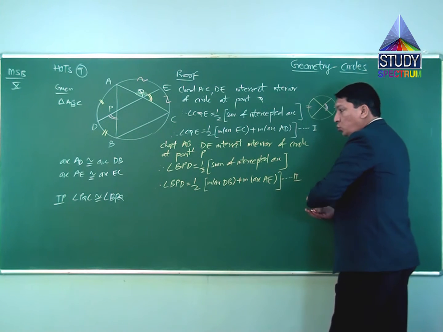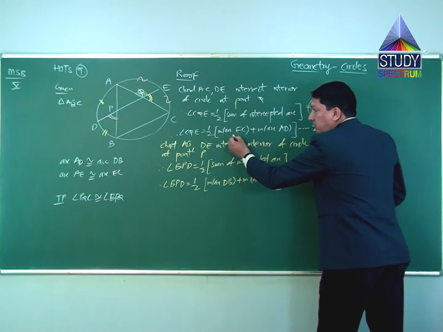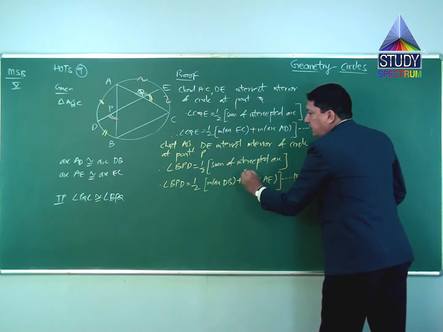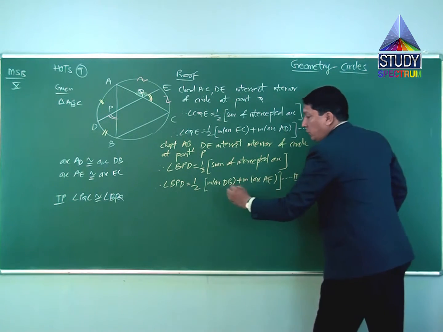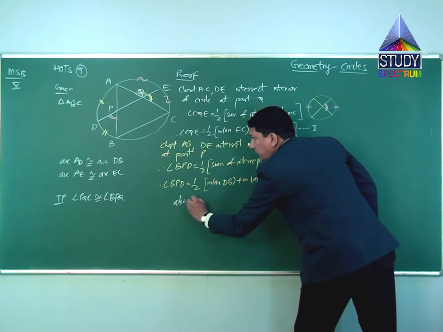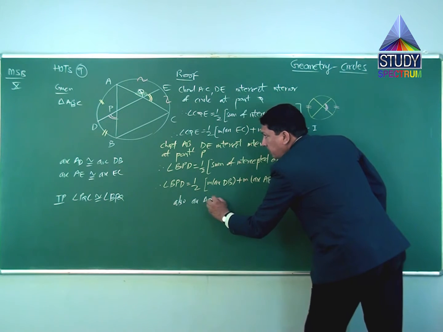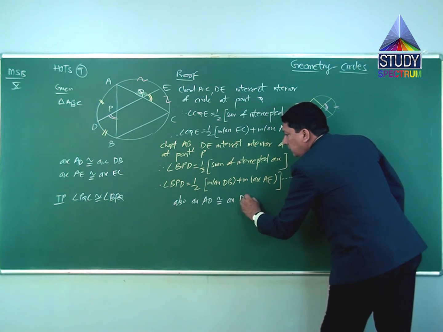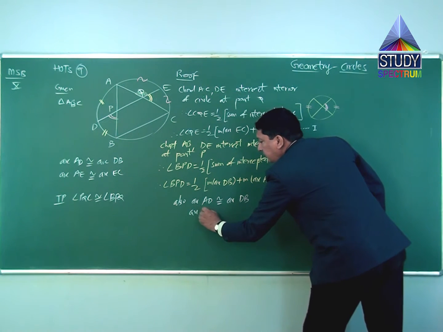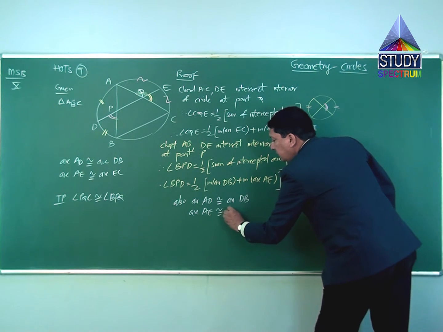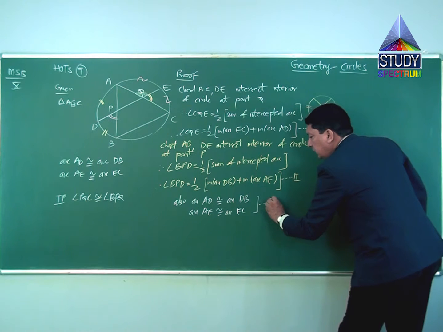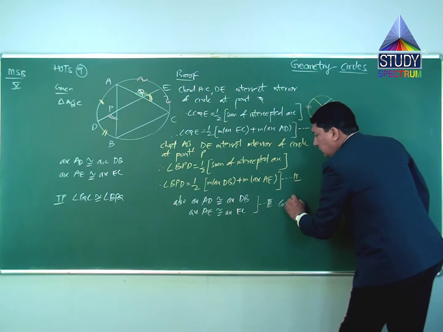Also known to us is the relation between arc EC, arc AE, arc AD, arc DB. So I take one more equation: arc AD congruent to arc DB, arc AE congruent to arc EC. Suppose I take this as the third equation, given to us.